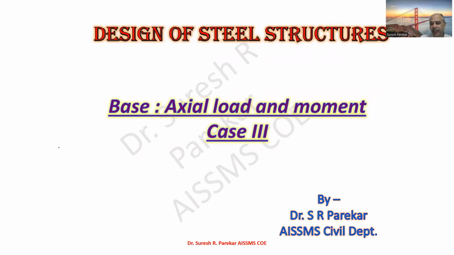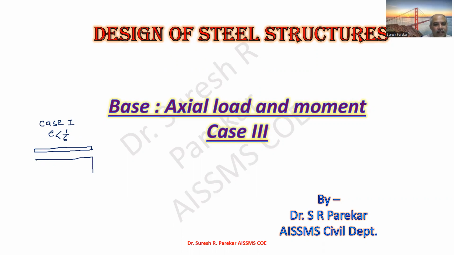Now what are the three cases that you should try to understand? Case 1 we have e less than 1 by 6. It means if I draw the column base, then my whole column base is under compression.